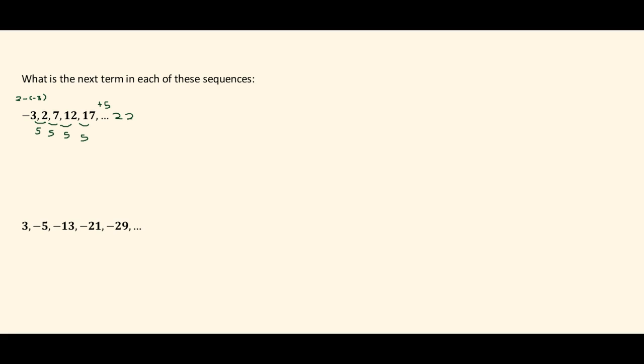So we're going to get 22 as the next number in the sequence. Now for -5, let's go ahead and say -5 minus 3. So we have -8. -13 minus -5, we have -8. From here to here is -8, and then -21 to -29 is also -8.